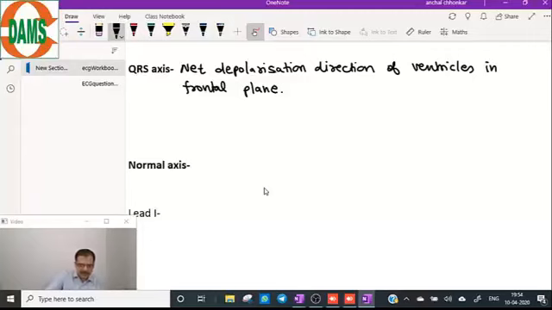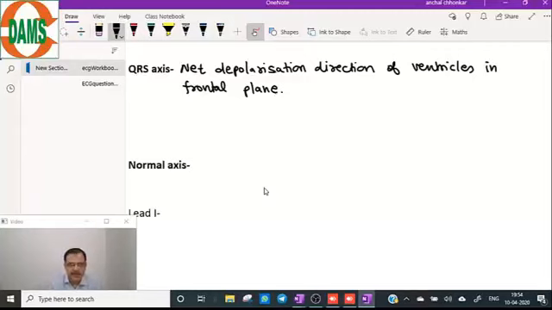So the meaning of the QRS axis. Posterior wall and anterolateral wall almost depolarize simultaneously. So the anterolateral wall vector will be seen as you can see from the diagram.